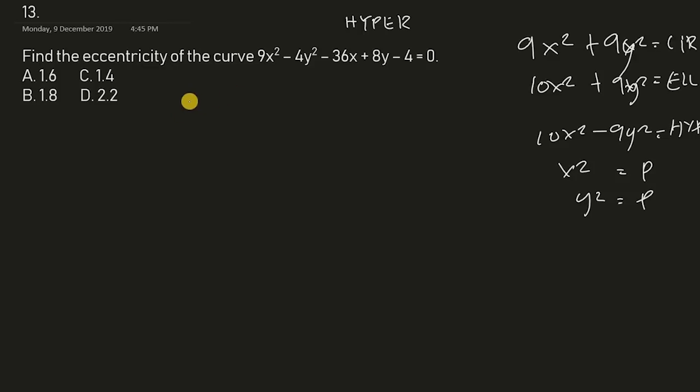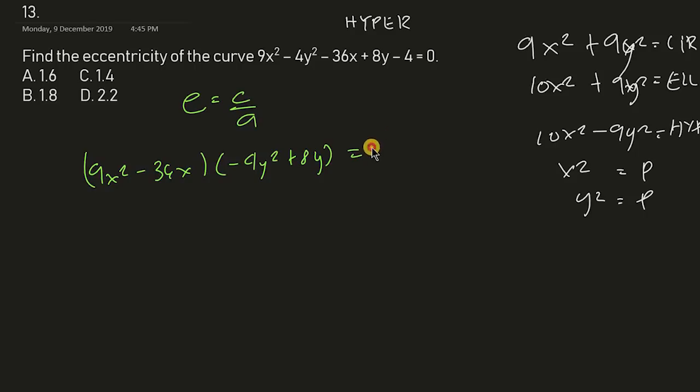Again, the formula for eccentricity is c over a. So I need to find c and a in this equation. To do that, I will again complete the square. We have negative 4y squared plus 8y. Let's transpose the 4 to the other side of the equation, so it becomes positive 4.